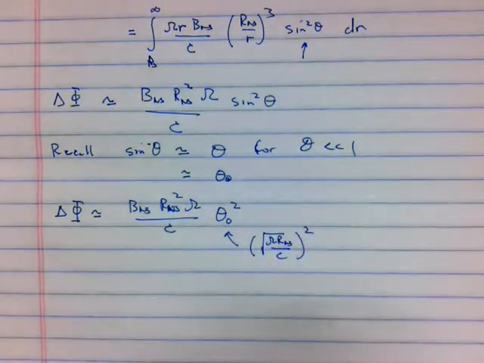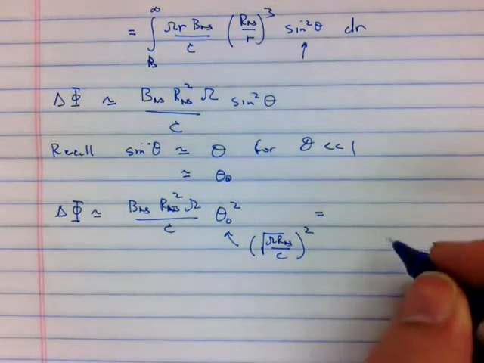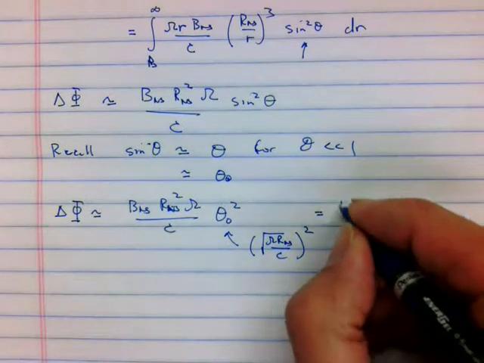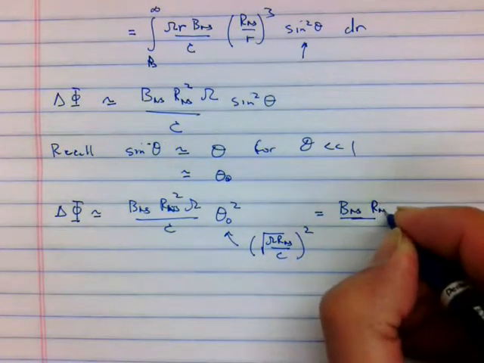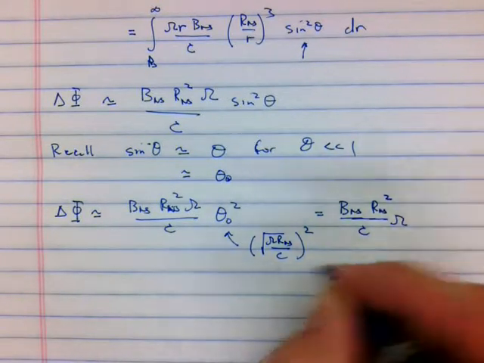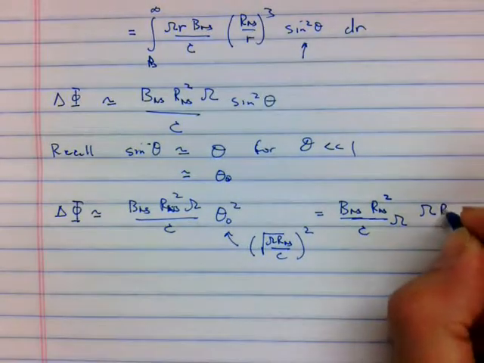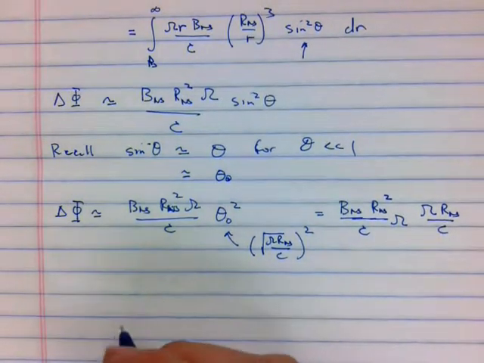So this is going to be equal to our final answer that we've been laboring to get: B_NS R_NS squared over c omega, let's plug this in, times omega R_NS over c. All right, that was good. We feel accomplished.